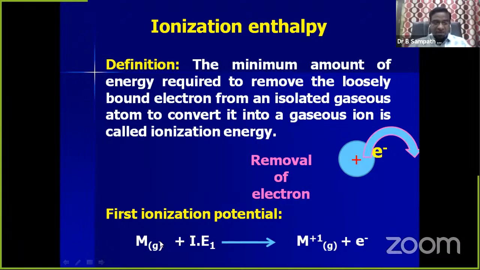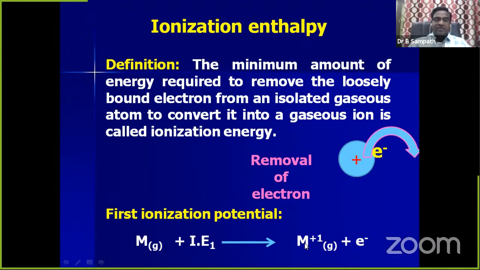After removing the electron from this neutral atom, the atom remains in gaseous state, of course, and becomes a unipositive ion. Here, one electron is removed, that's why it gets a 1 plus charge.